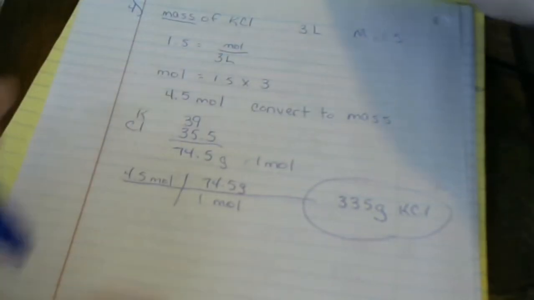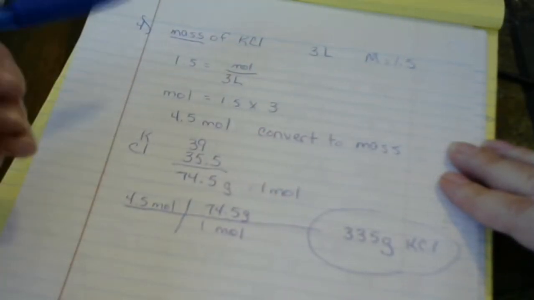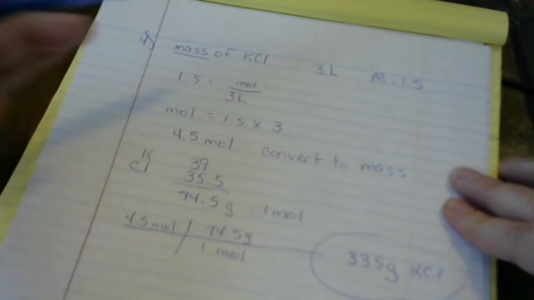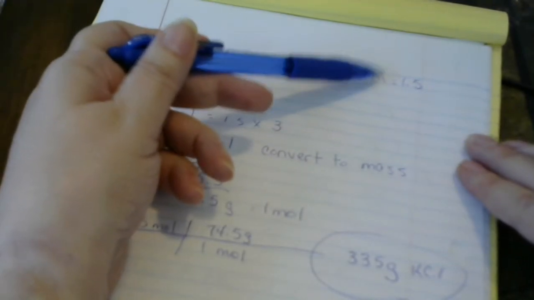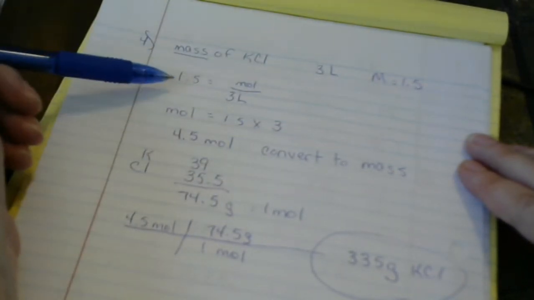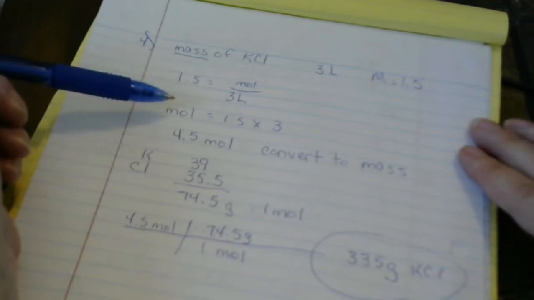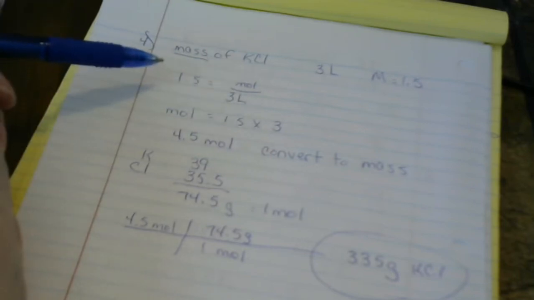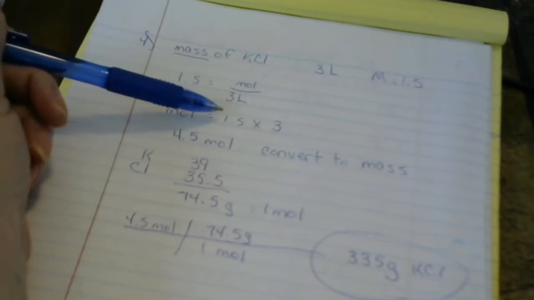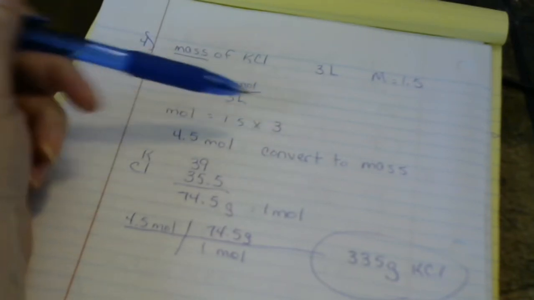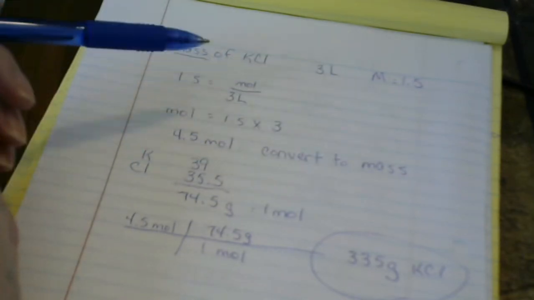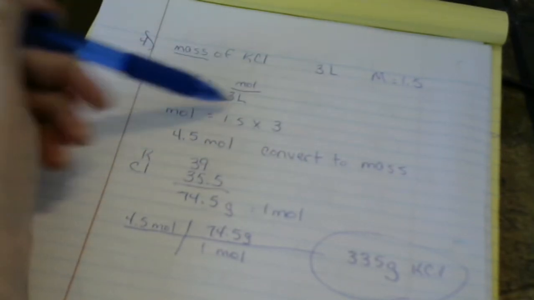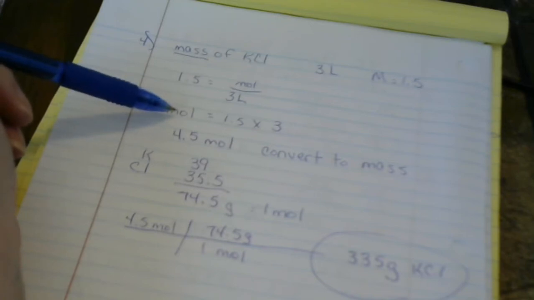All right, so you want to know mass, okay, be careful, of KCl, and it gives you 3 liters and molarity is 1.5. So this is the same thing that you just had where you have to switch it around. So moles are going to be equal to molarity times liters. Now be really careful. Make sure you are getting these in the right order.